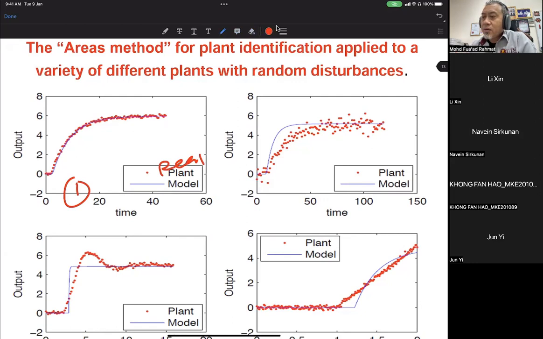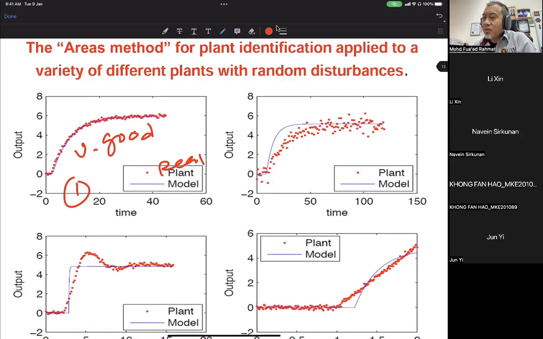If the estimated model follows the real plant model, this is considered very good. But sometimes, due to a model structure that is not accurate or not suitable, what we get is something like this.